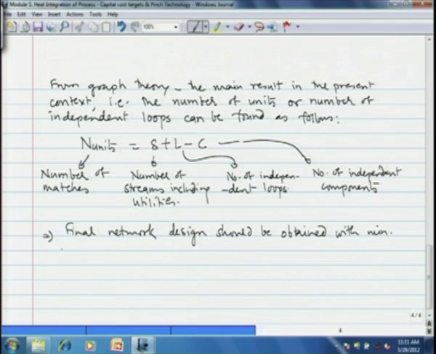And to minimize the number of units in the above equation, L has to be 0 and C has to be maximum, because the number of streams S is a quantity which is given to us. So, it is not in the hands of the designer, it will be decided by the actual process.